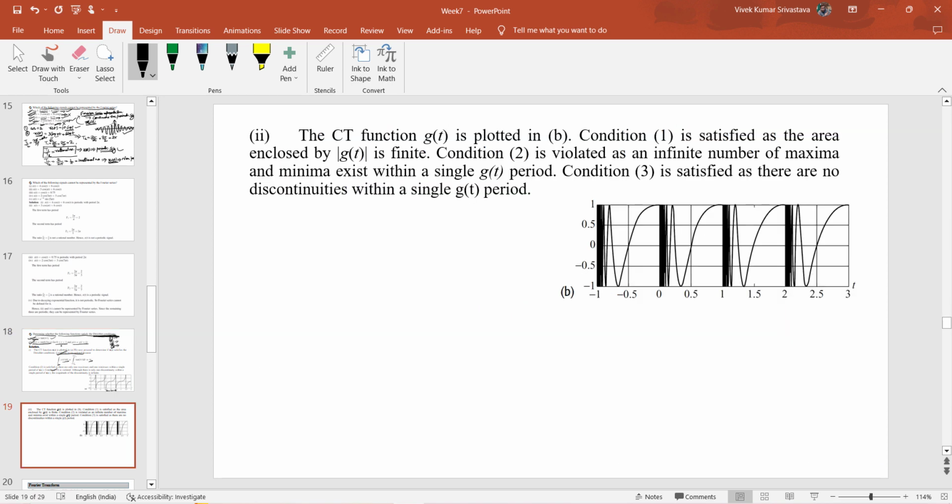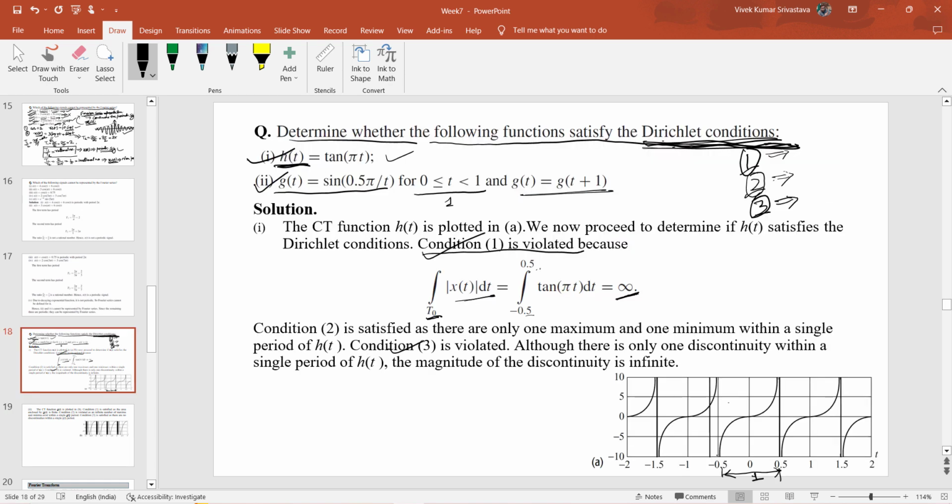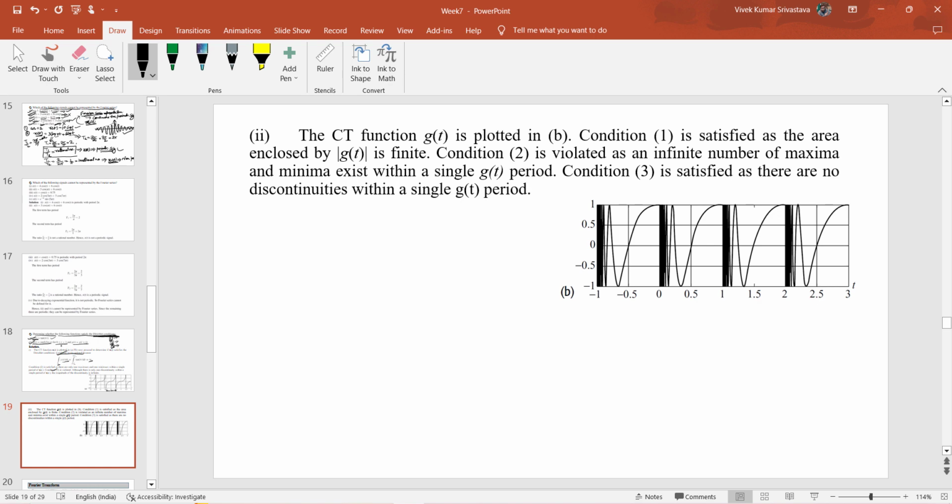If you plot this signal, sine of 0.5 pi by t, its value varies from -1 to 1. It means that it is a bounded signal, and once you integrate it you will get a finite value. So it satisfies condition 1. But it violates condition 2 because it has an infinite number of minima and maxima over its time period.